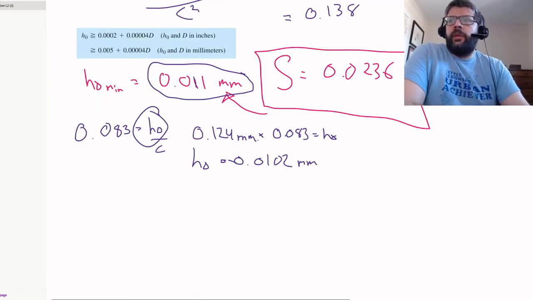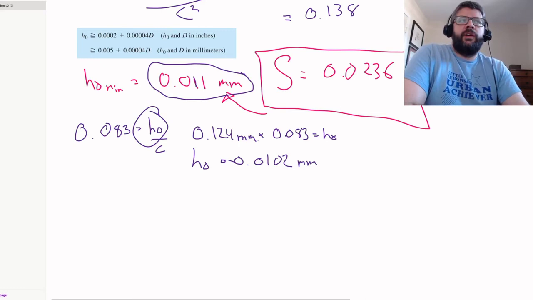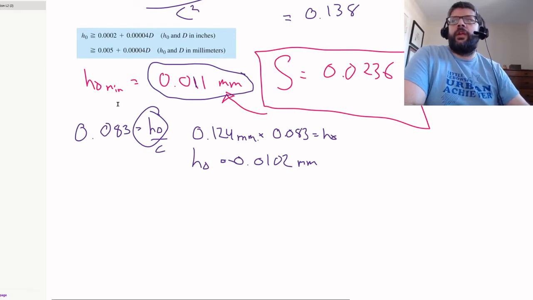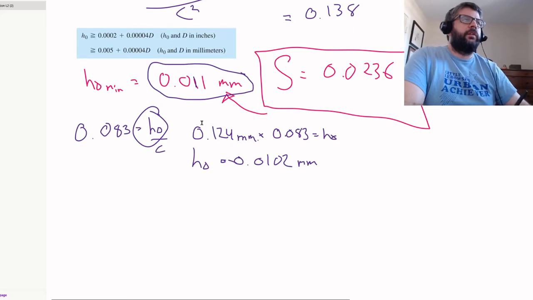So if we weren't able to obtain the h-min that we wanted, then what we might be able to do is tighten up the range of allowable S's by adjusting the range of the allowable clearances.